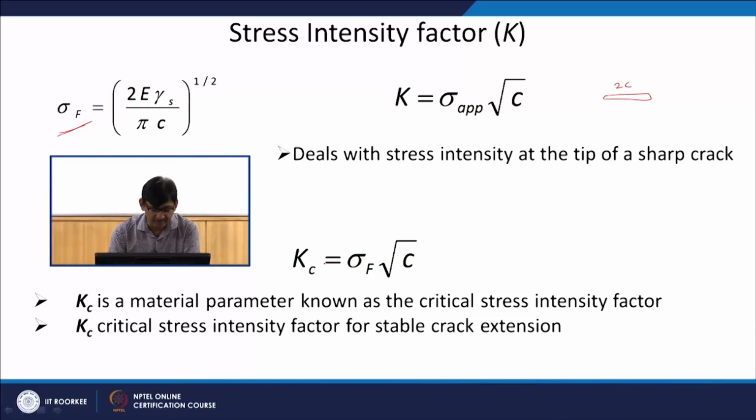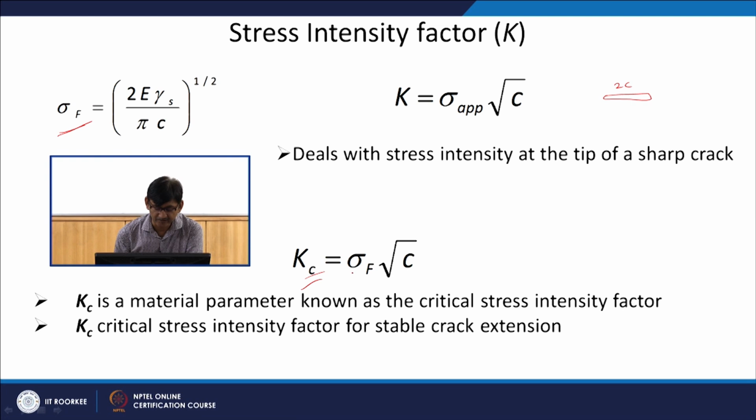When the material fractures, these cracks are going to propagate. So we want to find a stress which is sufficient to propagate these cracks, and for that we can define a critical intensity factor.